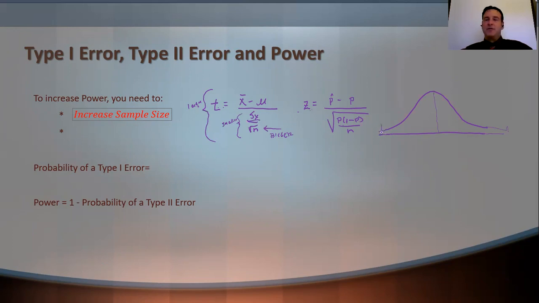And if that happens, then you move to an area that becomes more rejectionable, because this area to the left, or maybe this area to the right, or maybe both together, gets smaller and smaller. When that area gets smaller, we assign that to a p-value, and when p-values get smaller, then we reject the null. The same thing would hold true with this n in that denominator as well.